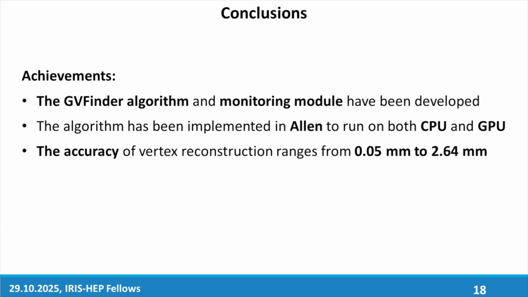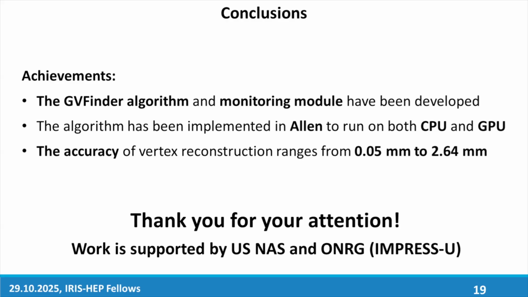This algorithm is implemented in Allen, which I mentioned, so it gives us the opportunity to run it on CPU and GPU, and also we calculate the accuracy of vertex reconstruction, and for now it's in this range, but there is still a lot of room to improve. So that's it from me. Thank you for your attention. You're free to ask any questions.